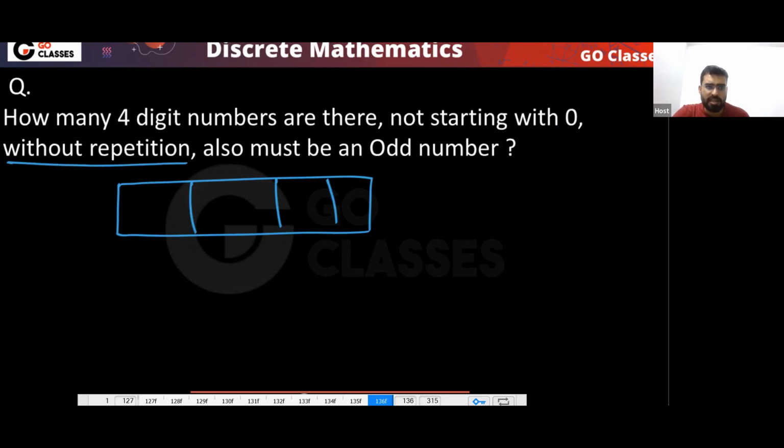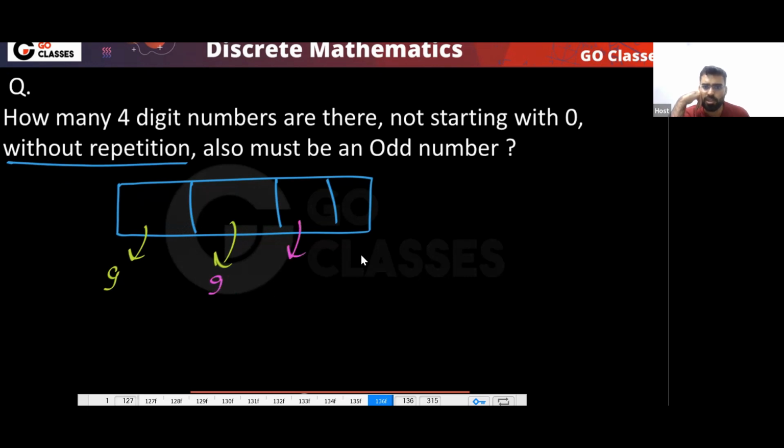So let's start. For this position, how many choices? I have 9 choices. For this position, how many choices? Remember, no repetition, 9 choices, because I cannot use what you put here.